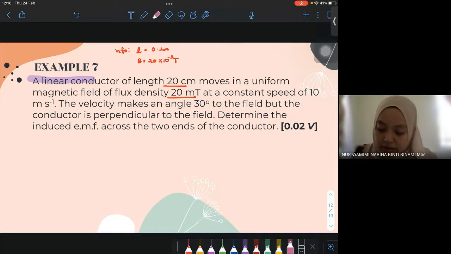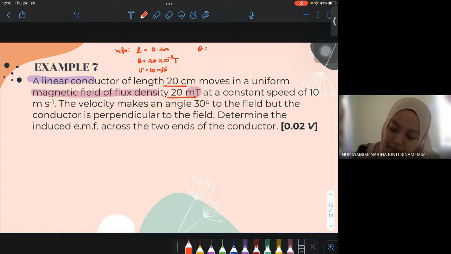Sebab dia tak guna magnetic field, dia guna magnetic field of flux density. So unit ni ialah Tesla, dia ialah B. At a constant speed of 10 meter per second, so velocity is 10 meter per second. And theta equals to the angle the velocity makes with the field, but the conductor is perpendicular to the field.